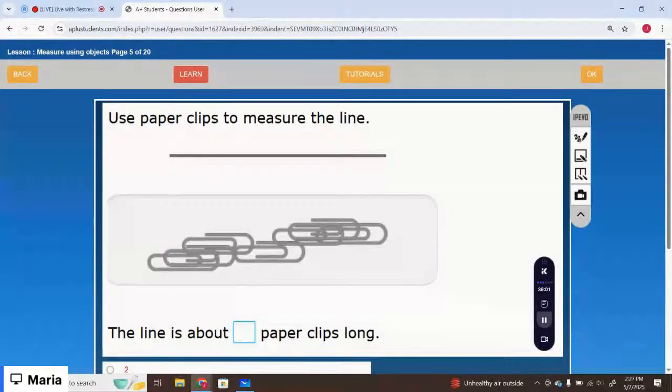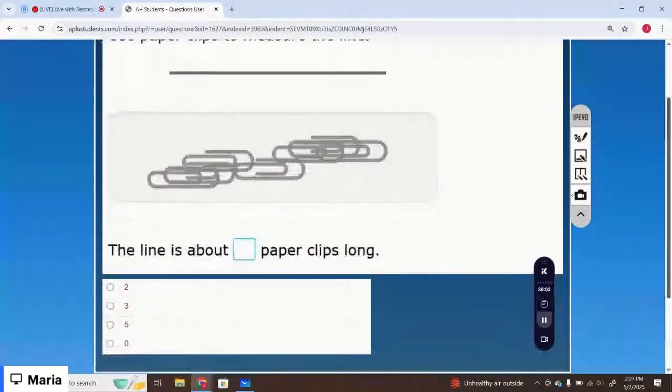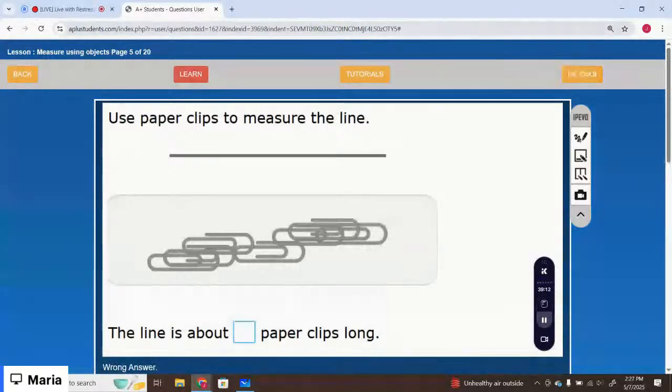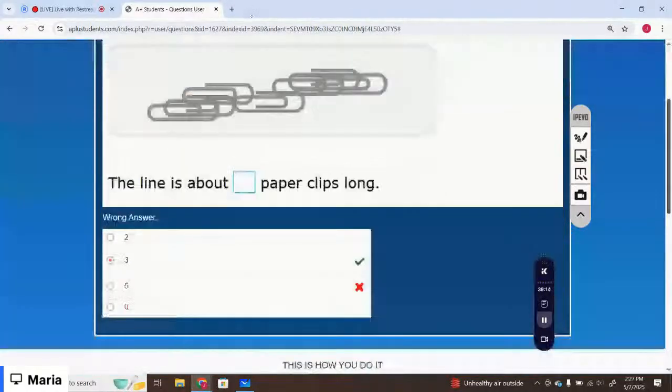Use the paper clips to measure the line. So I think that would be five paper clips long. The correct option is five. Okay, that is just three dice long. The correct option is three.